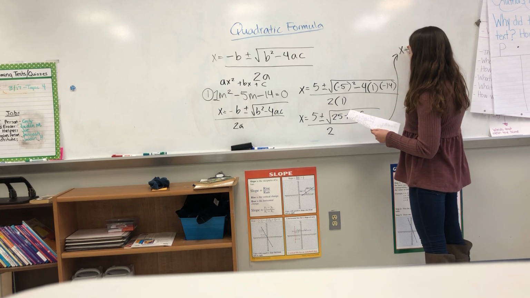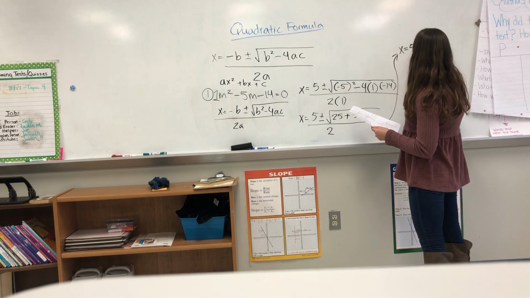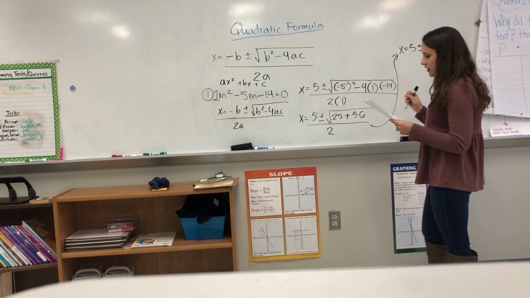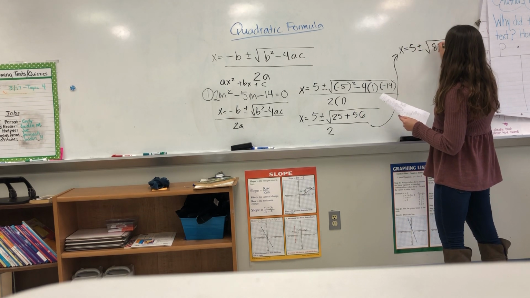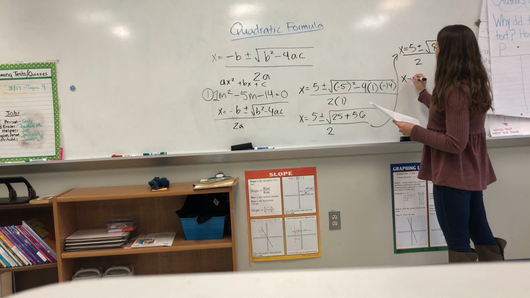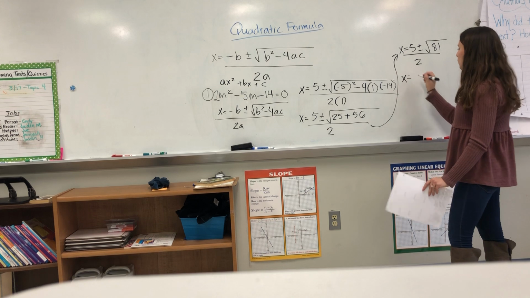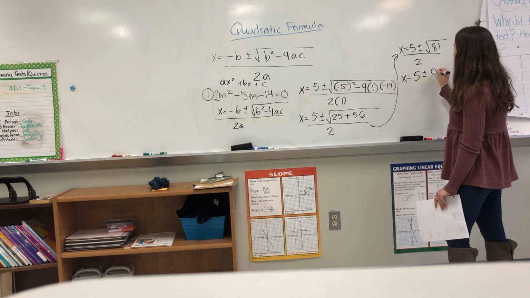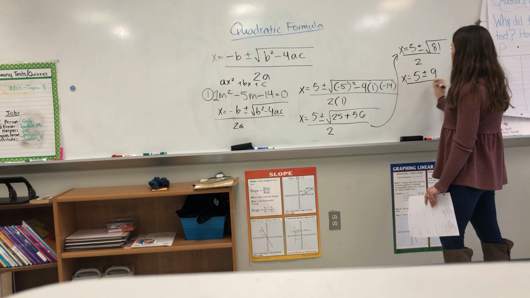Next, x equals 5 plus or minus 25 plus 56 is 81, so radical 81 over 2. x equals 5 plus or minus 9, because the square root of 81 is 9, over 2.